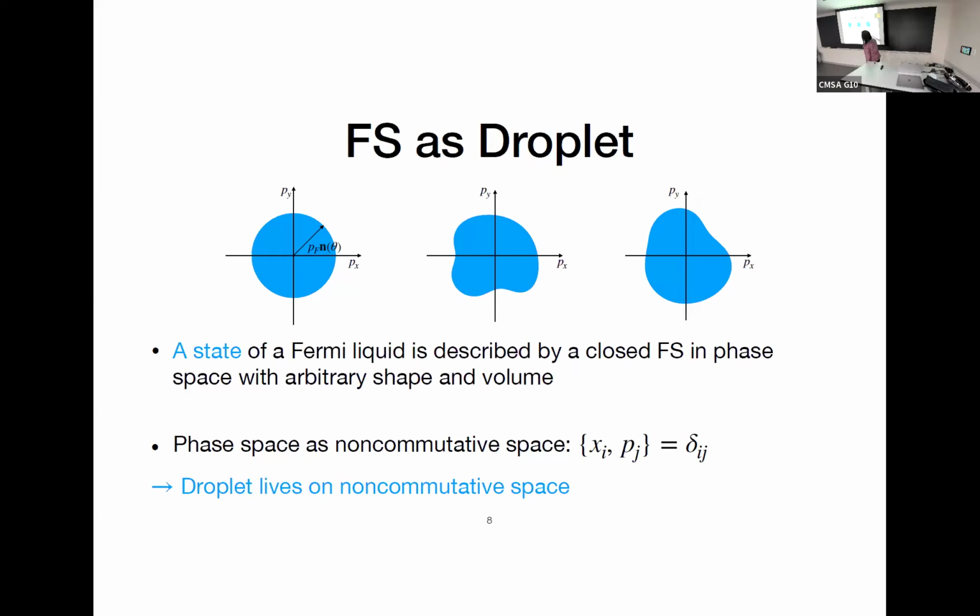So we know that this Fermi liquid lives in phase space. And this phase space, if we quantize it, you can view as a non-commutative space. And one can naturally think about this kind of problem as a droplet which lives on non-commutative space.